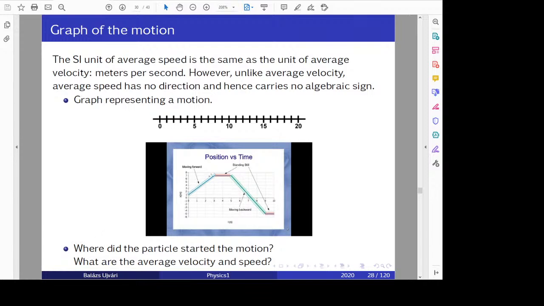So the distance of the motion of the particle was 6 plus 12 equals 18, divided by 10, this is 1.8. So the average velocity was minus 0.5, and the average speed was 1.8. There are differences between speed and velocity.